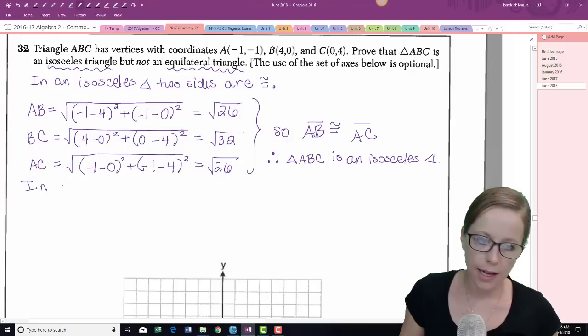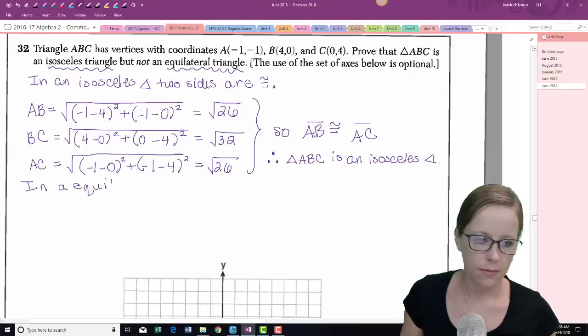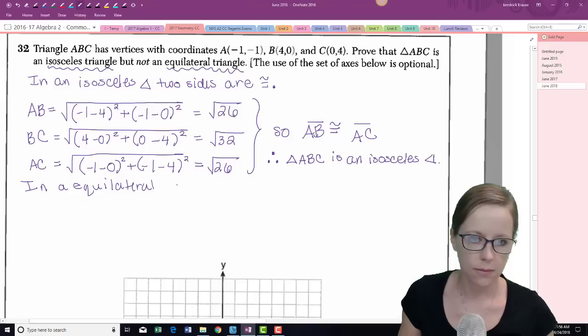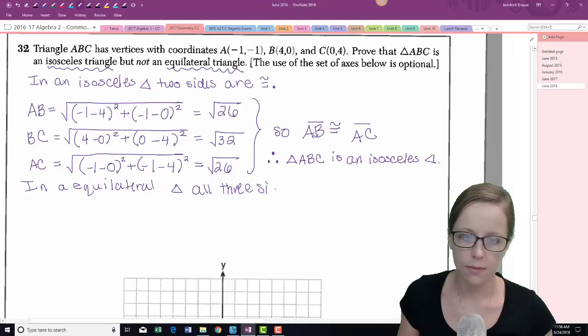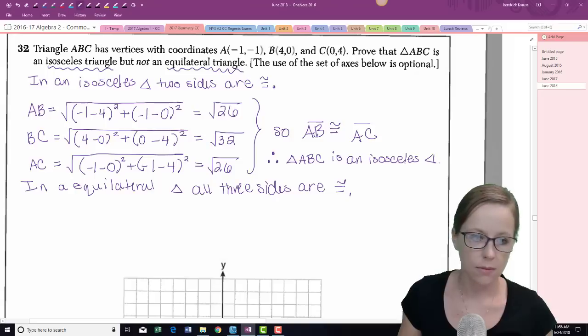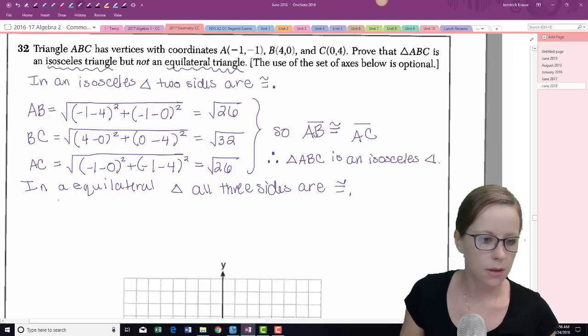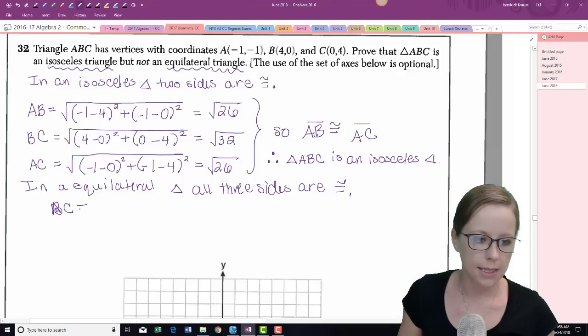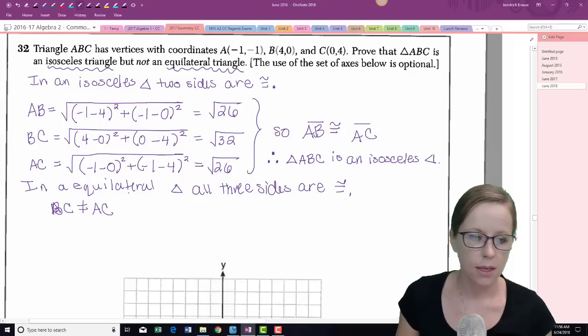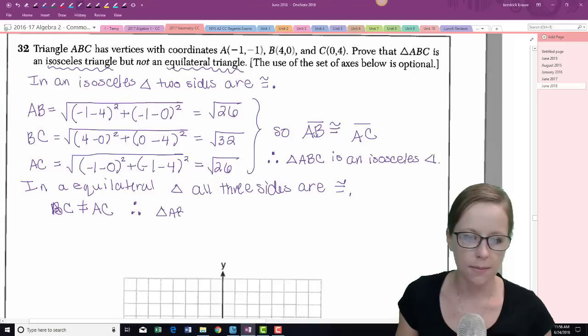Then I say, in an equilateral triangle, all three sides are congruent. From that, I know BC is not equal to AC. Therefore, triangle ABC is not equilateral.